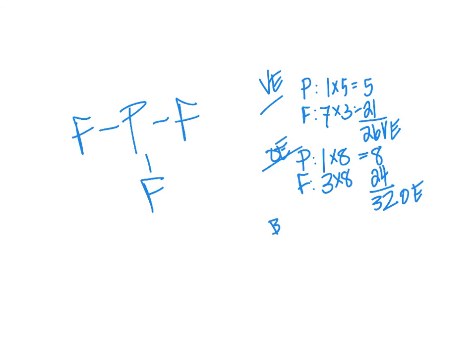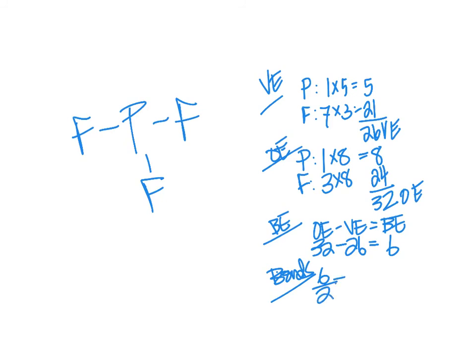And then bonding electrons, that would be the octet minus the valence. And so that would be 32 minus 26, and that is equal to 6, which obviously we see already that there's 3 bonds. So 6 divided by 2 equals 3 bonds. And then non-bonding electrons will be valence electrons minus bonding electrons.